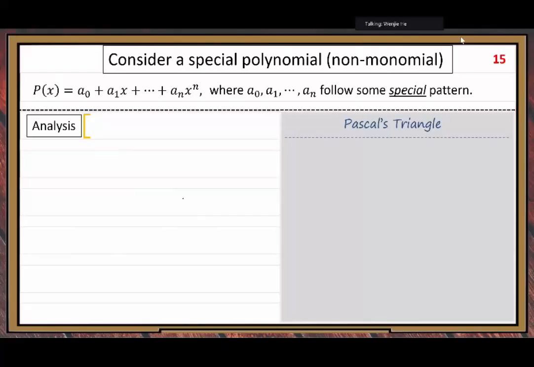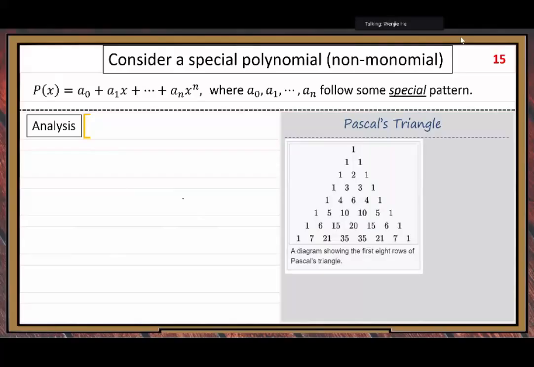First, let me give you the structure of Pascal's triangle. So the numbers are organized in a triangle, but these numbers follow some special rule. This triangle has some special meaning, and I need to give you that meaning.